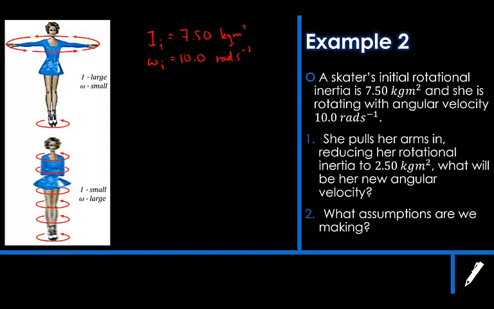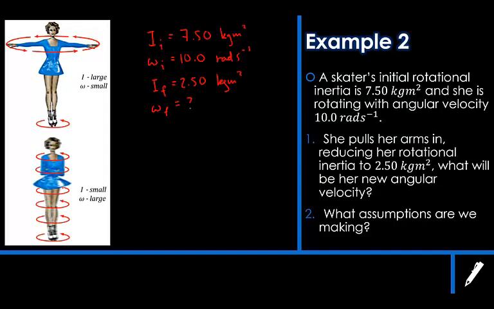She pulls her arms in, reducing her rotational inertia to 2.5 kilogram meters squared. What will be her new angular velocity? So we can say If is equal to 2.50 kilogram meters squared. Omega F is what we're trying to find.